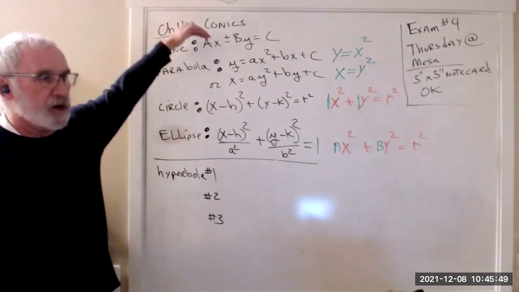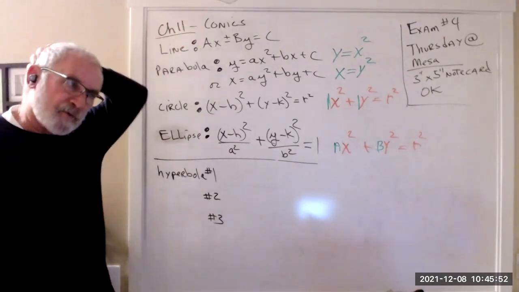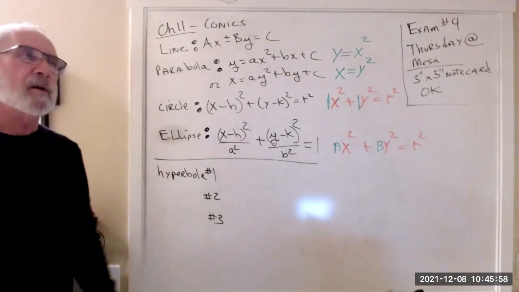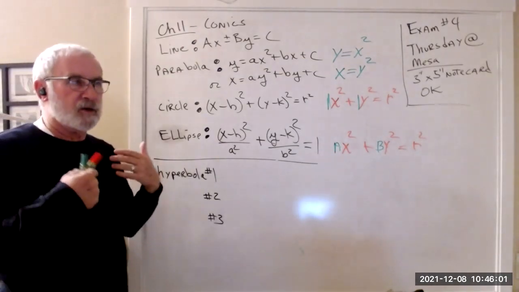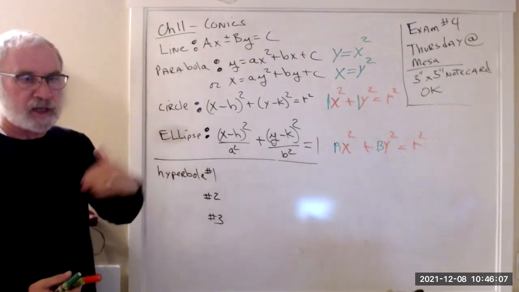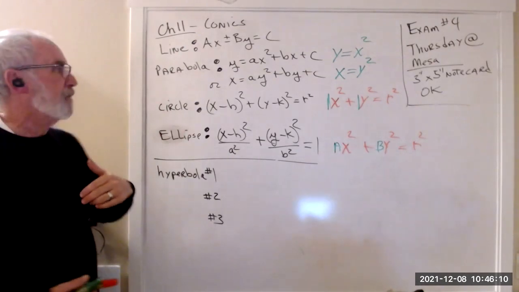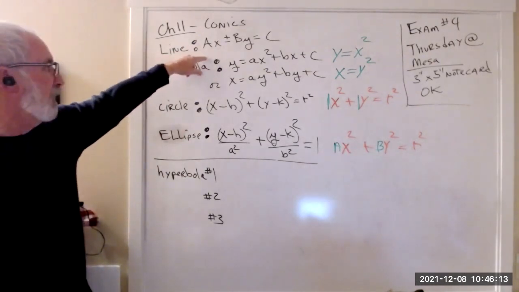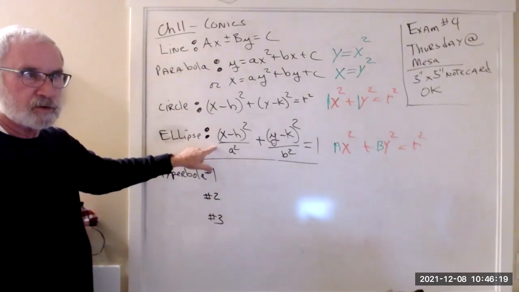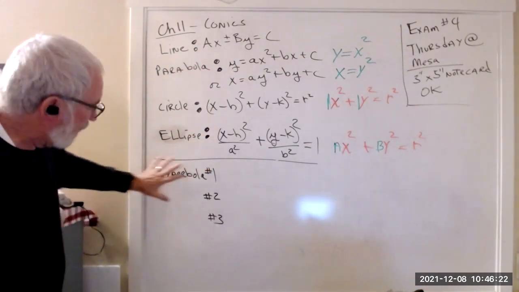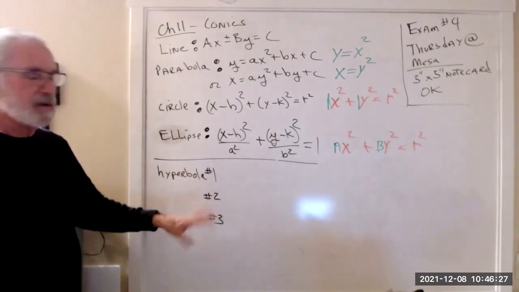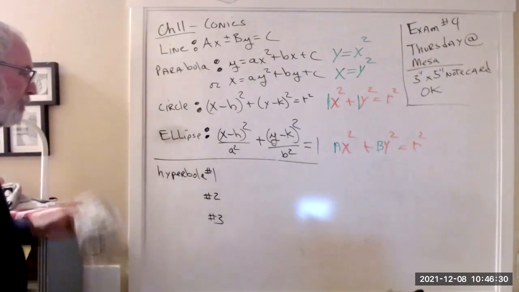It's part of conics, but for the life of me, I've seen it as an important topic in future classes only maybe once in a long, long while. In future classes, you'll be graphing lines and parabolas and circles and ellipses up the yin-yang. Those are important, and you'll be doing those a lot. I haven't seen too much of the hyperbolas in future classes. Maybe some teacher likes them a lot. I don't know, but I haven't seen it.